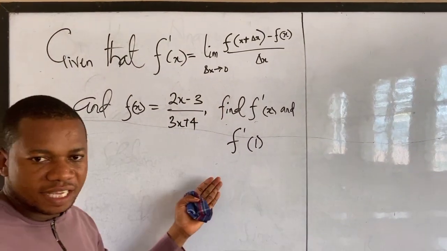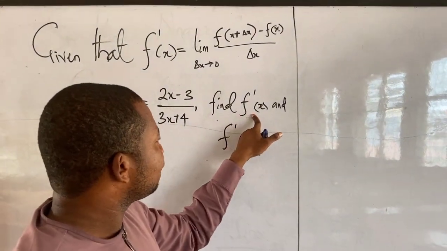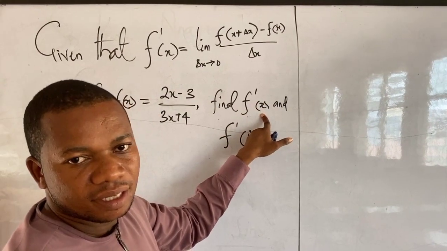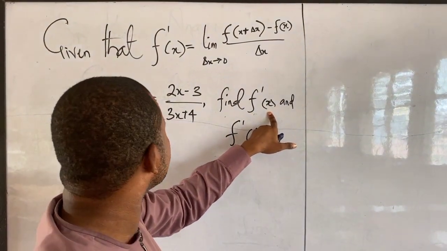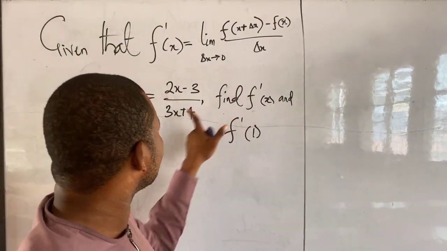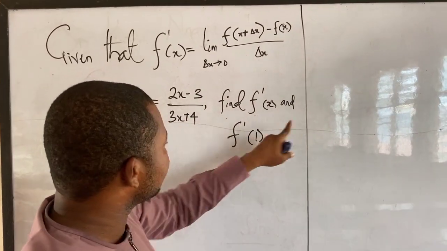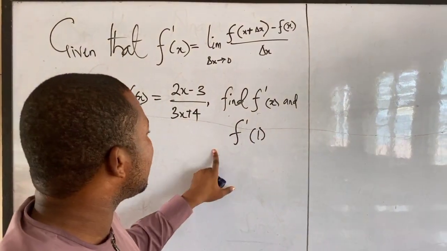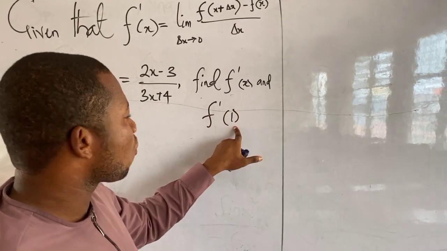Now the question says find f prime x, that is dy dx. Find dy dx of this function, and then after that you find f prime 1.